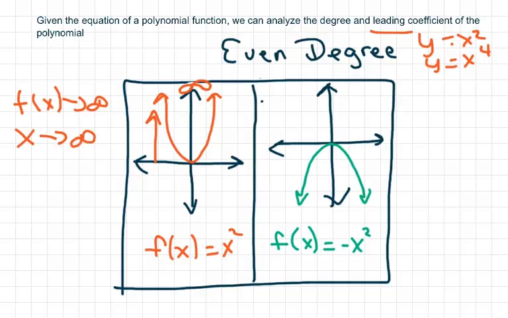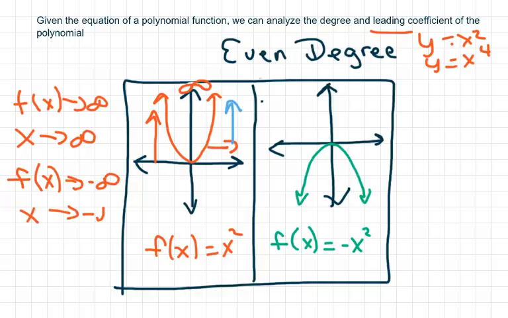As x approaches infinity, y is going up. Now on the other side, when x is going negative, this tail end is going negative here, then y is going up. So in both cases, y is approaching infinity.